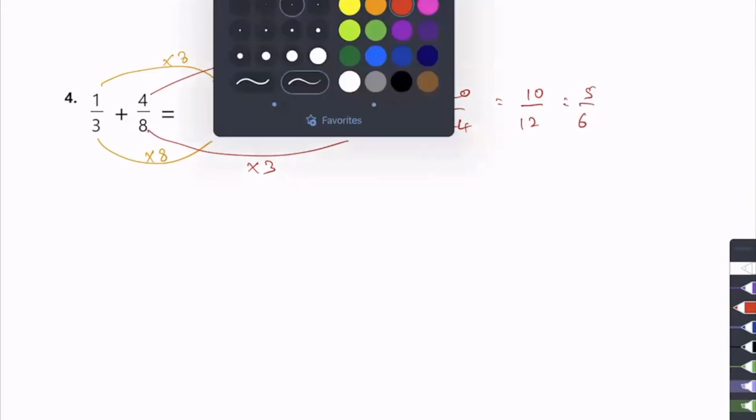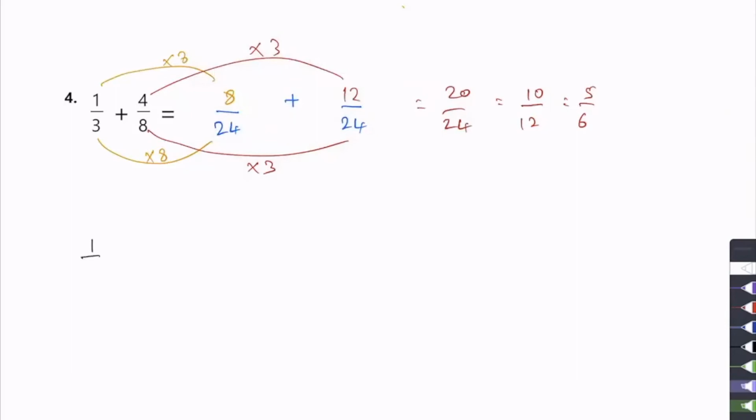However, there's a couple of things that we can do. If you look at that question again, what if we were to simplify the 4/8 before even starting? Well, 4/8, when you simplify that, is how many 4s go into 4? 1. How many 4s go into 8? 2. So that fraction is exactly the same as 1/3 plus a half, which is so much simpler.